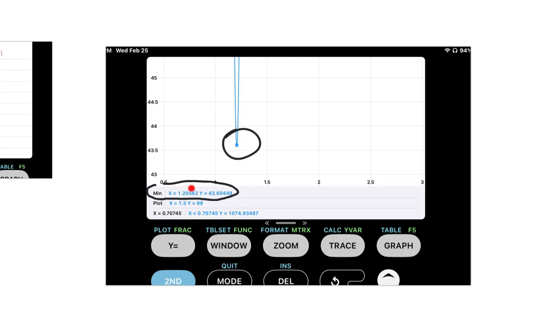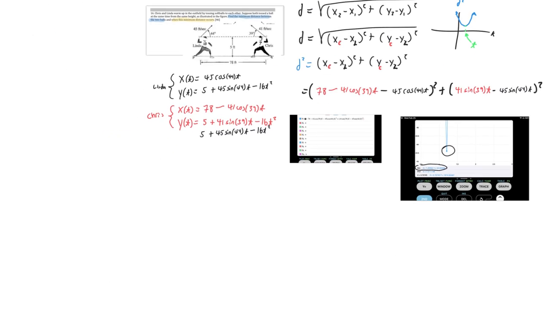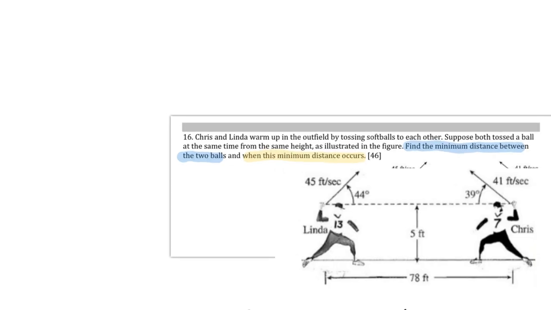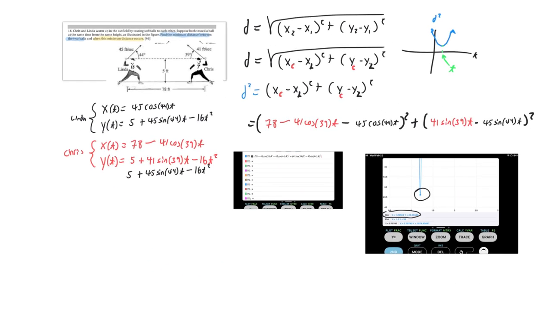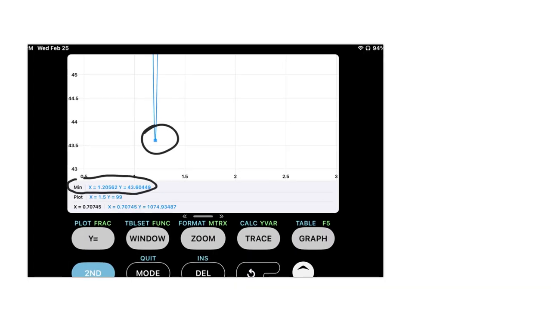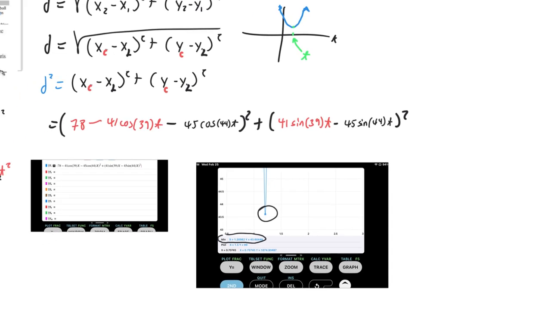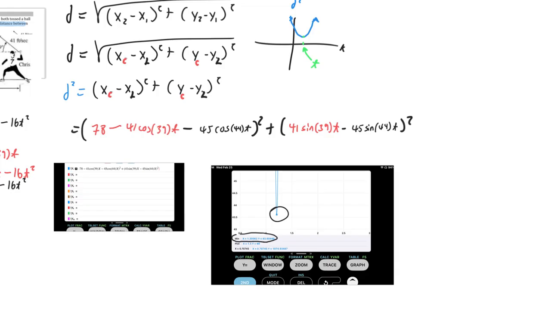So that in and of itself is one of the answers to the questions that they're asking, namely the yellow question, when this minimum distance occurs. Well, that's the X value. Now, this Y value, once again, you have to be careful. We plugged in an equation for D squared.